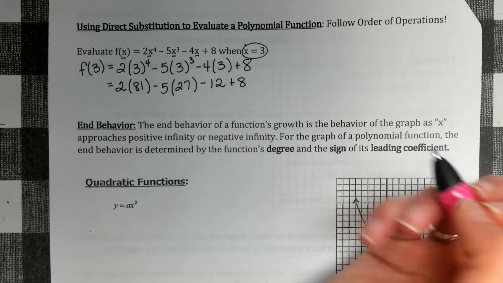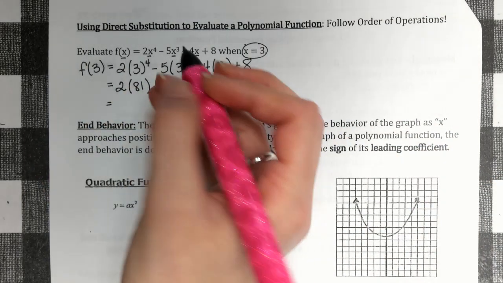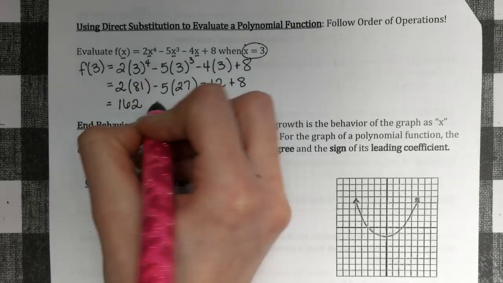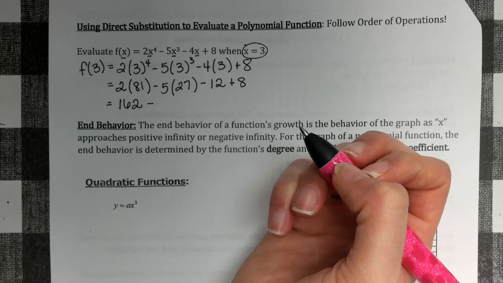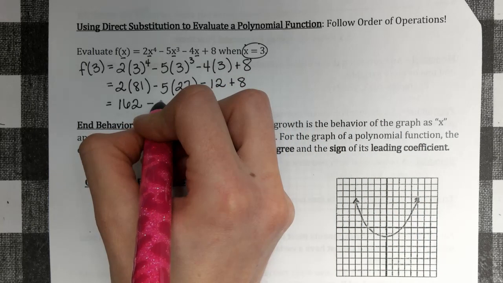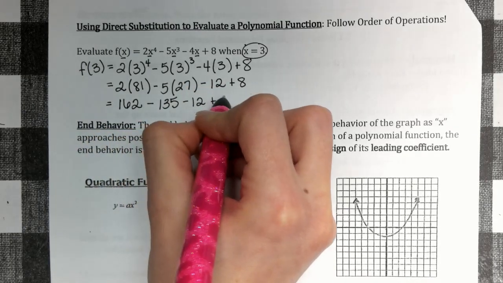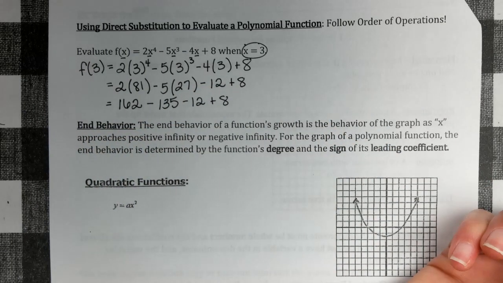Okay. Then we're going to multiply. 2 times 81 would be minus 5 times 27 minus 12 plus 8. Okay.